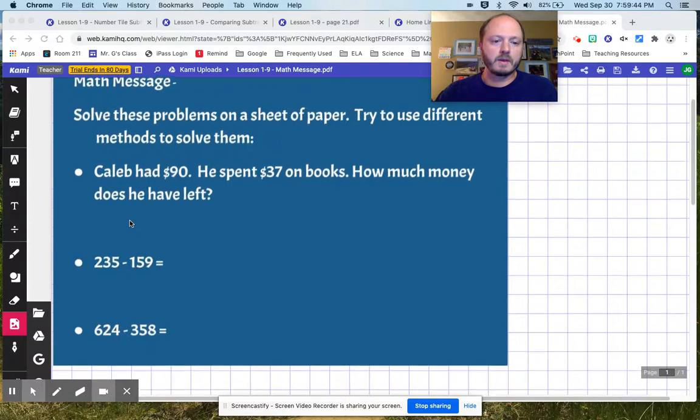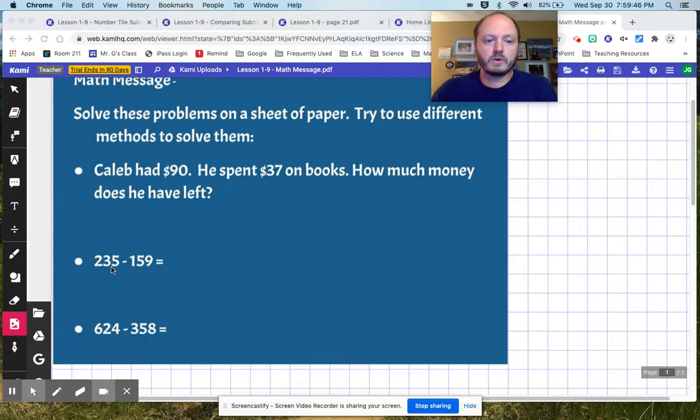All right, and then we have 235 minus 159. And then we have one more, that is 624 minus 358. Okay, so work on all of these problems.